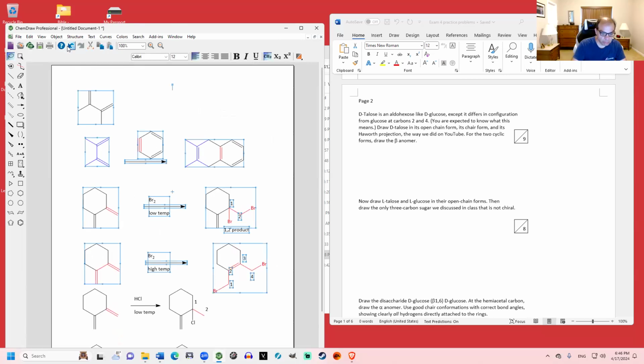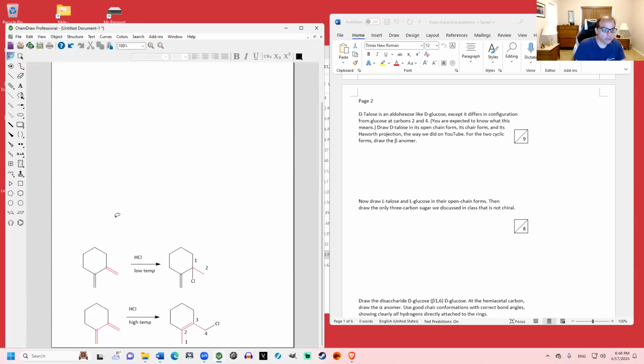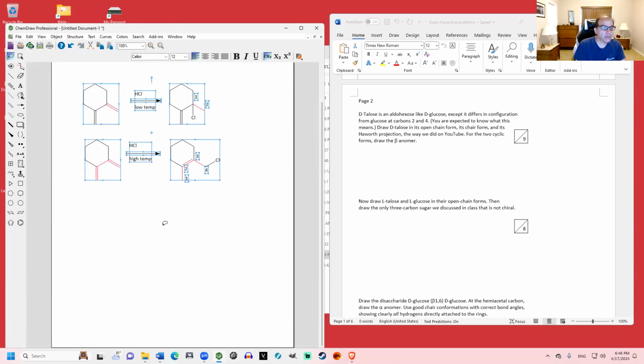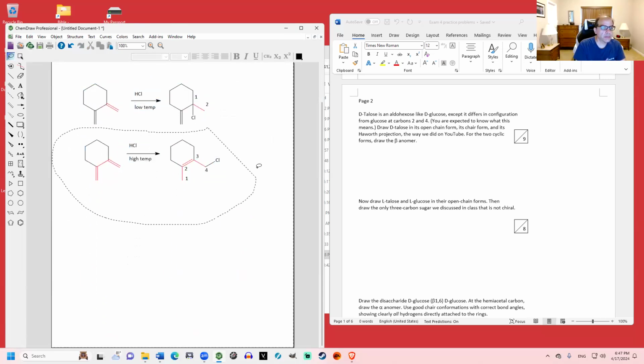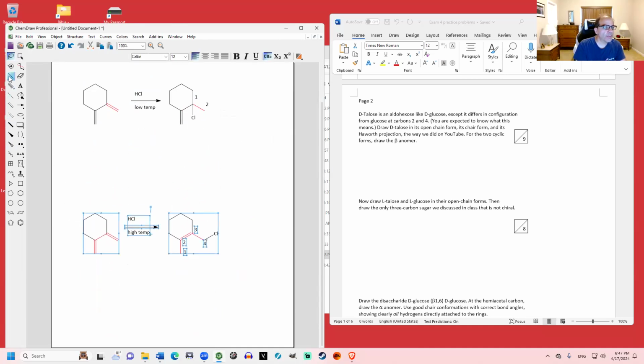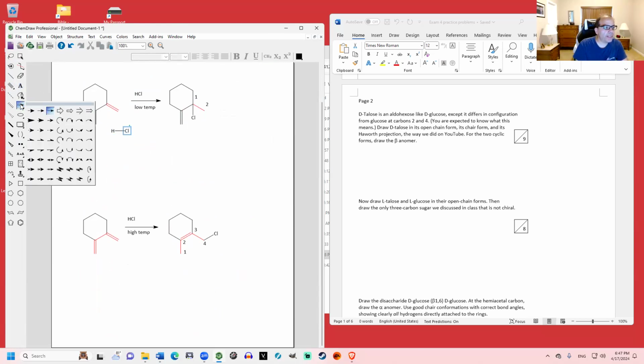I'll even show you. The first step is exactly what we learned in chapter 6. The first step of the mechanism shows the electrons in the pi bond picking up H plus from HCl.